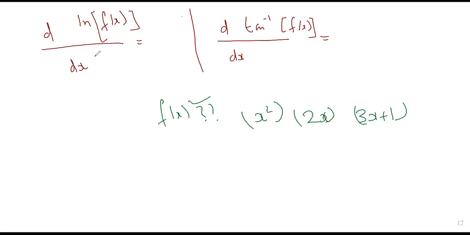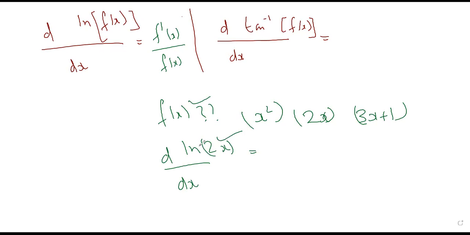This is clear. Now, if a question has natural log in it and we have been asked to differentiate it, the formula is f dash x divided by f of x. It could be that the question was ln 2x. What is the f of x in this case? 2x is f of x, right?